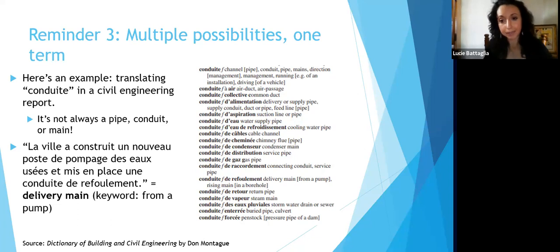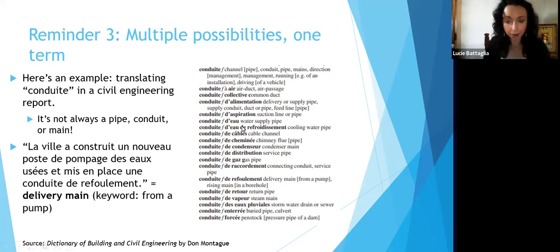So you want to go in a specialized glossary. Here I have one. It's written very small in the source, but it's the Dictionary of Building and Civil Engineering by Don Montague. So you want to check a specialized source before you use something by reflex, like I was saying, pipe or conduit for conduite.